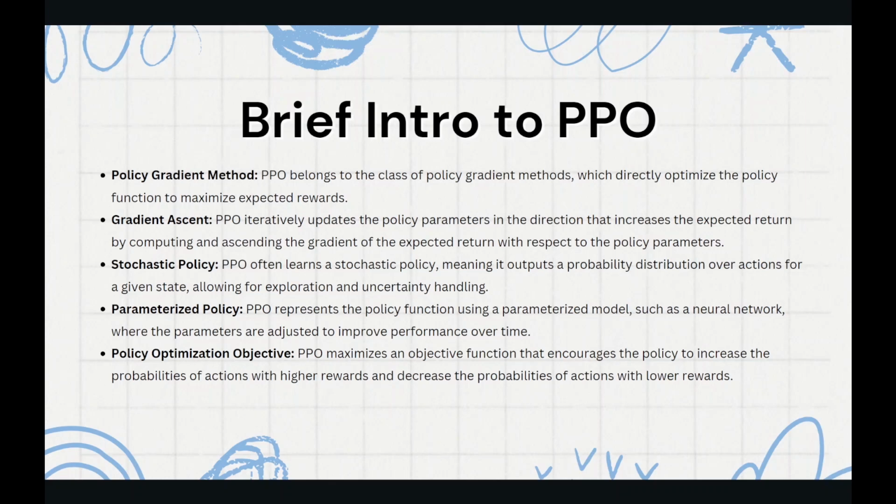The objective function is used to train the model parameters. We train the model such that the value of the objective function gets maximized. Finally, the algorithm outputs a stochastic policy which provides a probability to take every action in every state.